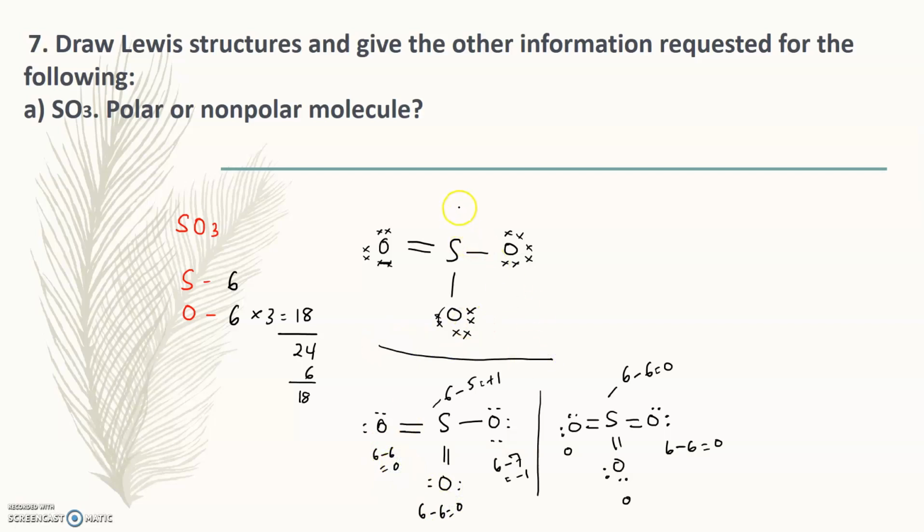This structure, sulfur 6 minus 1, 2, 3, 4, so the plus 2. Here 0 formal charge, 0 formal charge. This one 6 minus 7, minus 1. So the most plausible, the most likely Lewis structure, you would choose the lowest formal charge, 0 formal charge. Okay, so these are the structures.